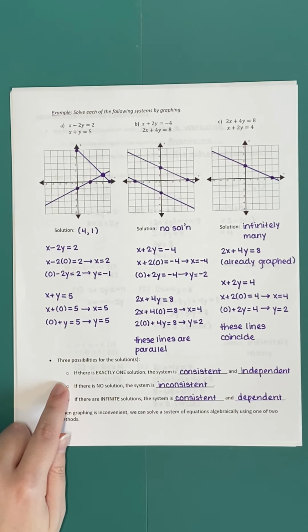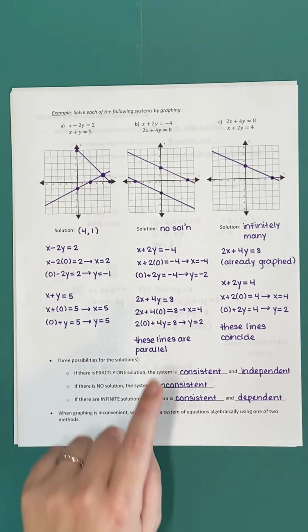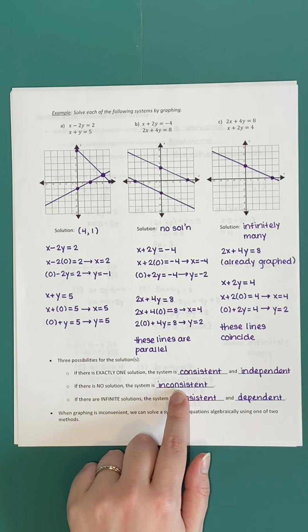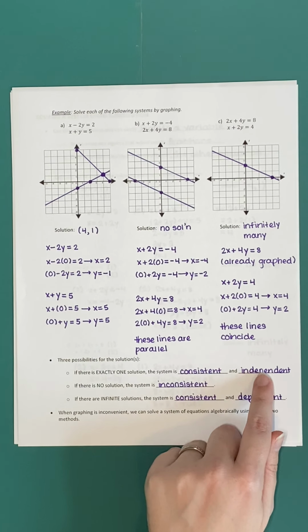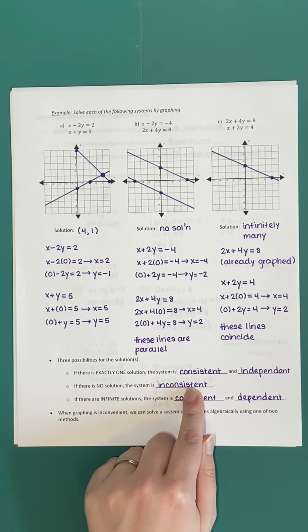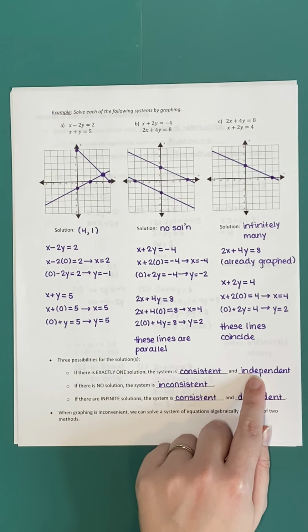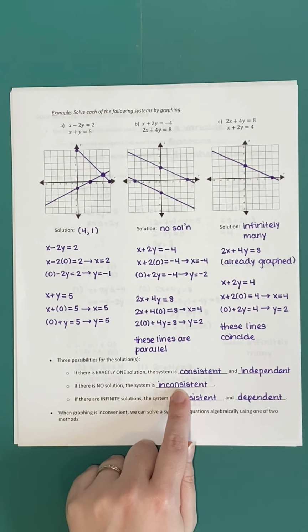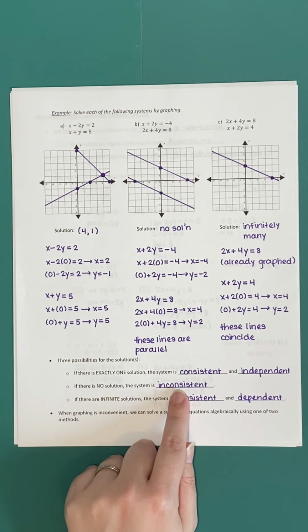Now, if there is no solution, like in this second case, then we would say that the system is inconsistent. Inconsistent just means we cannot actually solve it, there is no solution. The term independence doesn't actually relate here. Independence is used to categorize systems where we could find a solution. If we can't find a solution, then period, we can't find a solution.